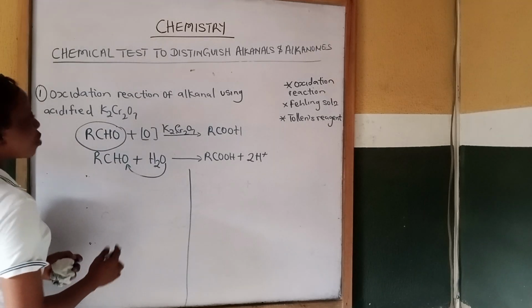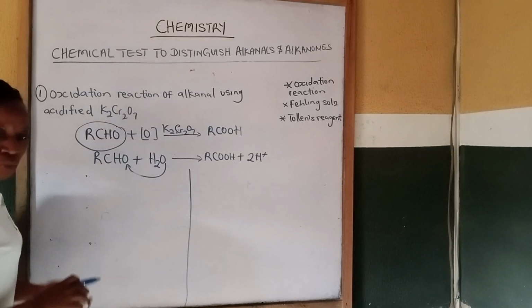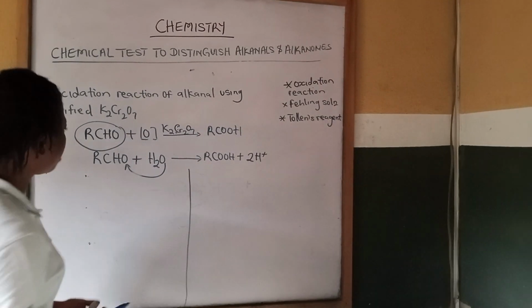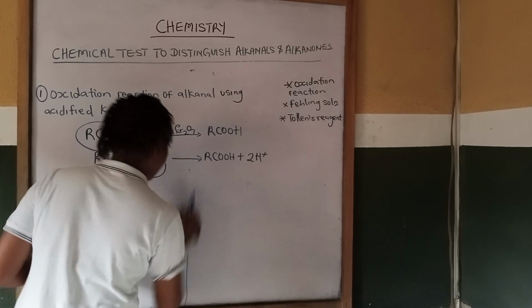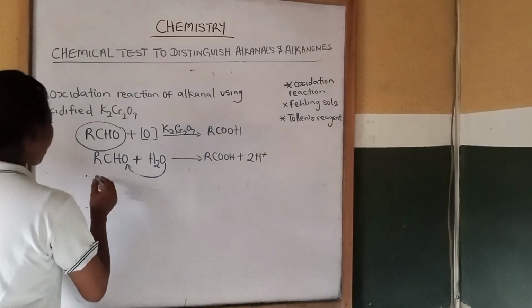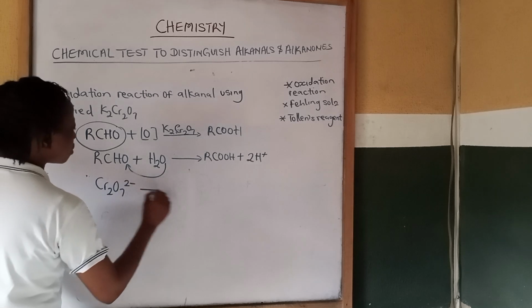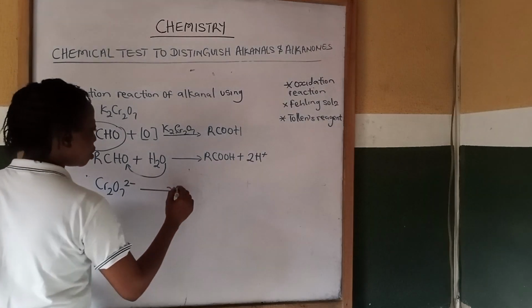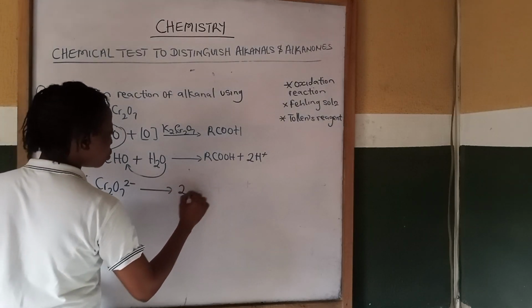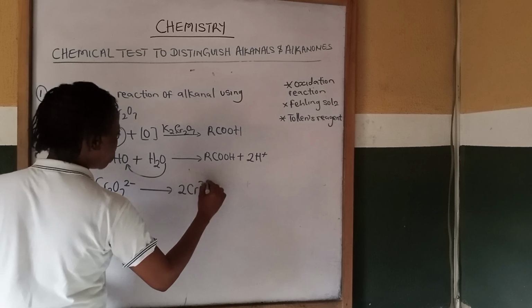Then your dichromate, which is Cr2O7 2 minus, reduces to 2Cr3 plus.